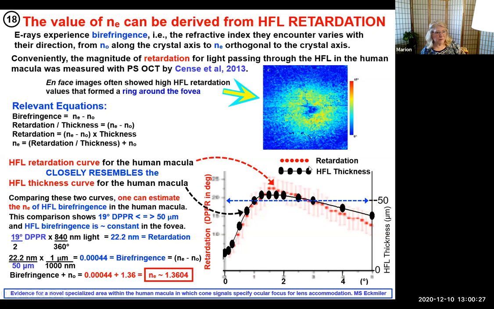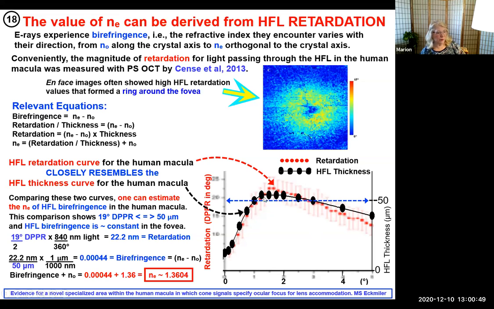And I compared that retardation as a function of eccentricity to the thickness of the HFL, which are these black dots. And I found that fortunately, these two values could be scaled such that they pretty much overlapped each other.